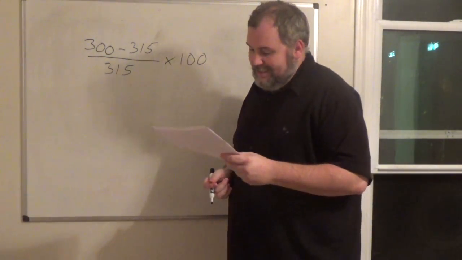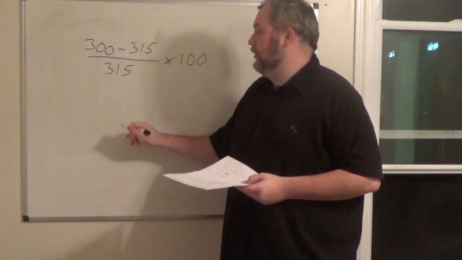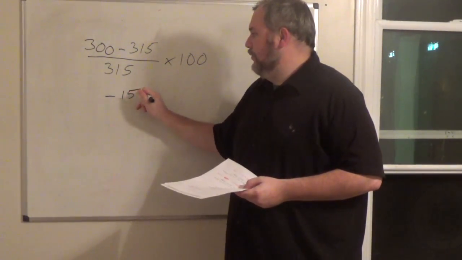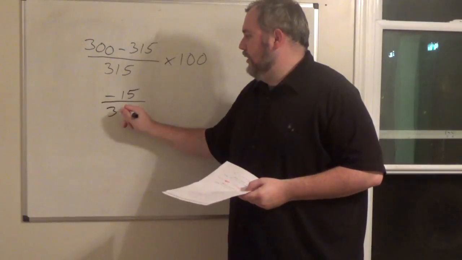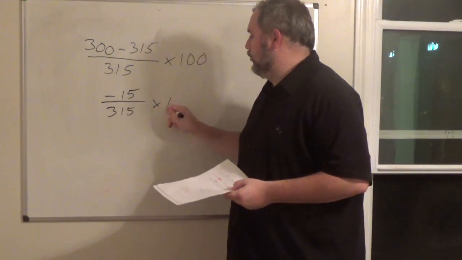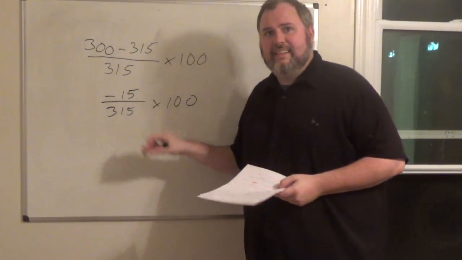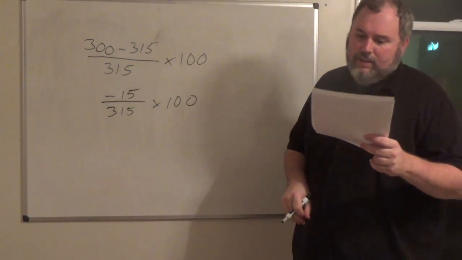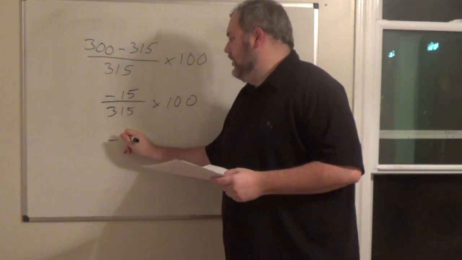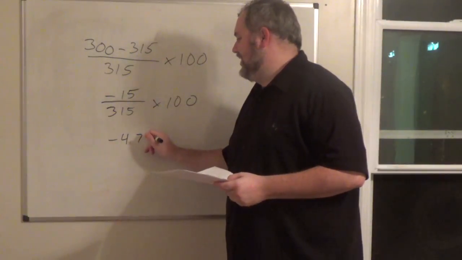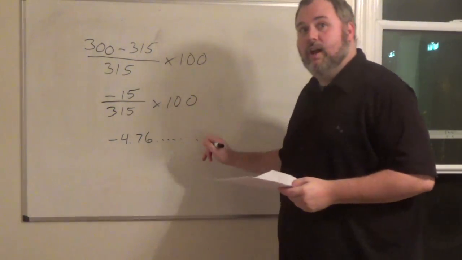When I work this out, 300 minus 315 is going to give me negative 15 over 315 times 100. When you plug this in your calculator, you're going to get negative 4.76, and it gives you a bunch more numbers.